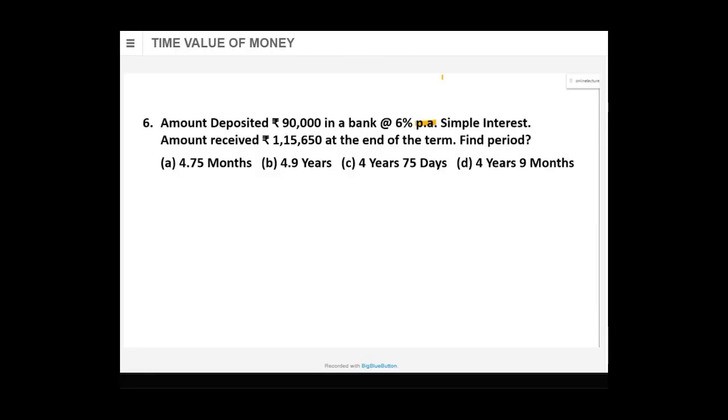PA stands for per annum. So whatever answer you will get, dear student, that will be in terms of annum. जो आंसर आएगा वो annum आएगा. ये ऑप्शन देखो, 4.75 months.